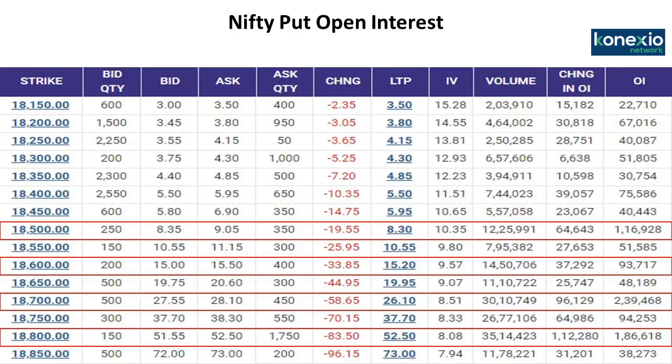Looking at this particular data, 18,800 is the immediate support. If it breaks, then most precisely it can drift down to the 18,700 mark, where there is a strong concentration of open interest as well as volumes. So if Nifty cools down towards the level of 18,700, that should be a buying opportunity, or even between 18,750 and 18,700.